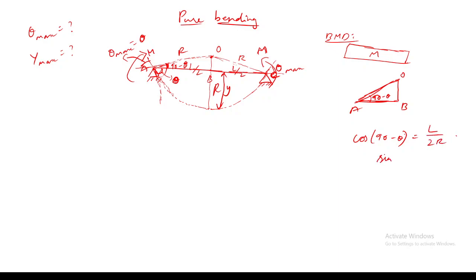Here I can write this as sine of theta, which equals L by 2R. And for small angles, we can write approximately sine theta as theta. So theta will be equal to L by 2R. Up to this, it is clear?